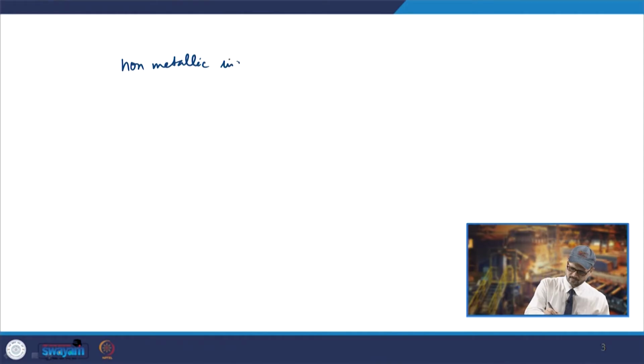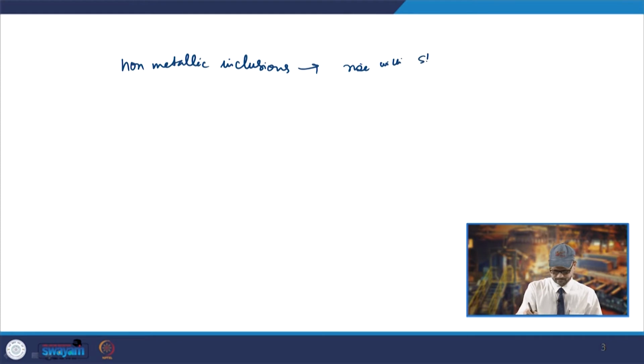So, these non-metallic inclusions rise with Stokes velocity. It is just assumed that they rise with this absolute velocity. So, you have the velocity of the fluid, and then you have the rise velocity.